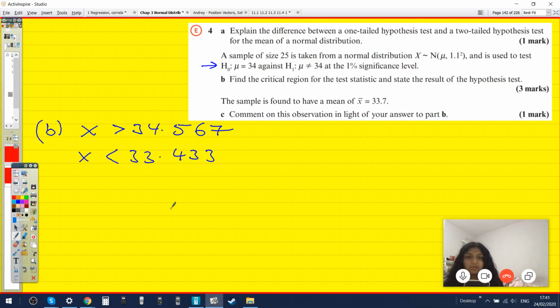Result. How do you know what the result of the hypothesis test is? A sample is taken and used to test this, and state the result of the hypothesis test. Is that connected to part C?